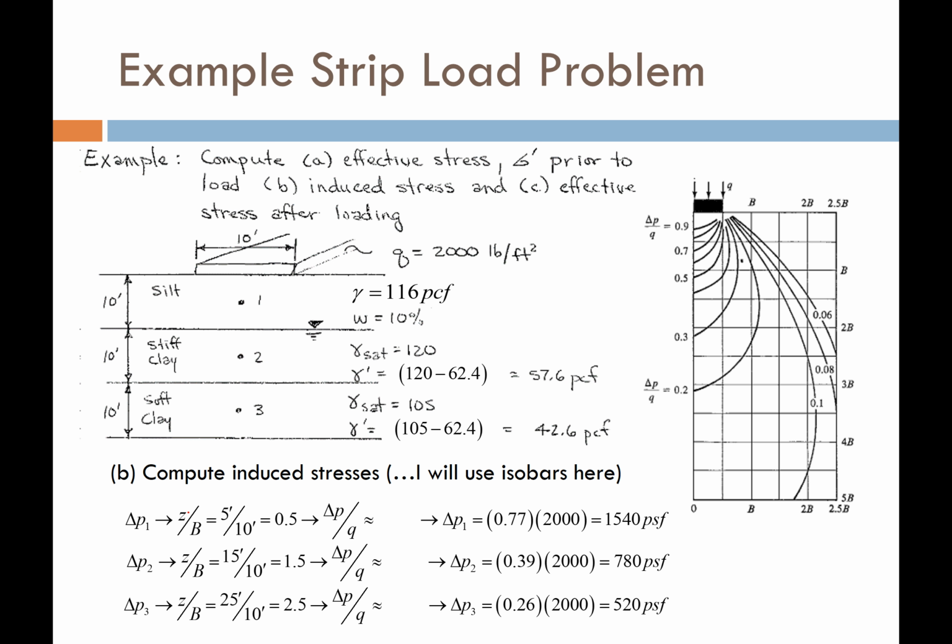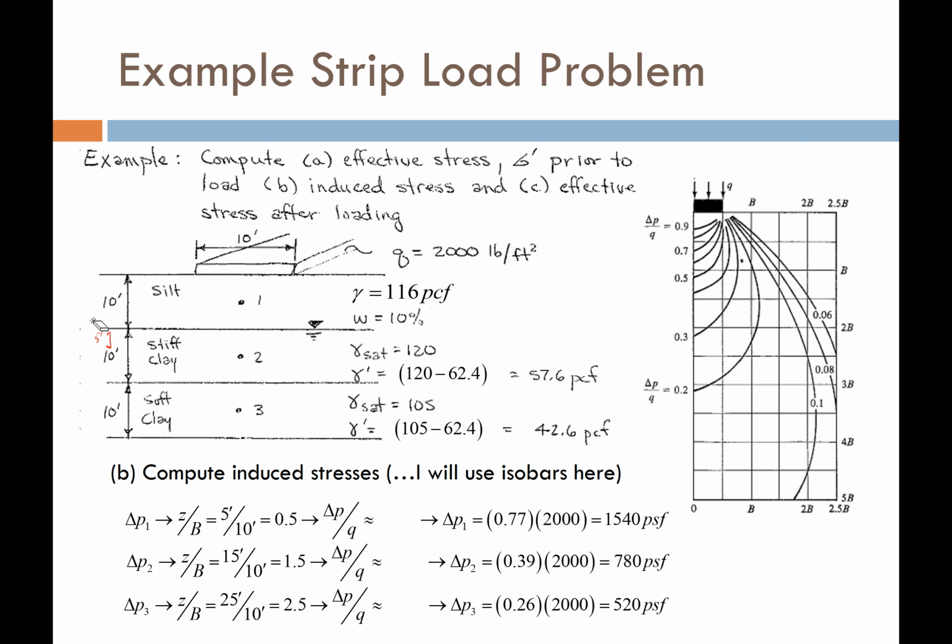So point 1, my depth is 5 feet below my applied load. Remember, z is going to be the depth below my applied load. So I'm at a depth of 5 feet. For point number 2, z is going to be a depth of 10 feet plus 5 feet, so that's going to be 15 feet.